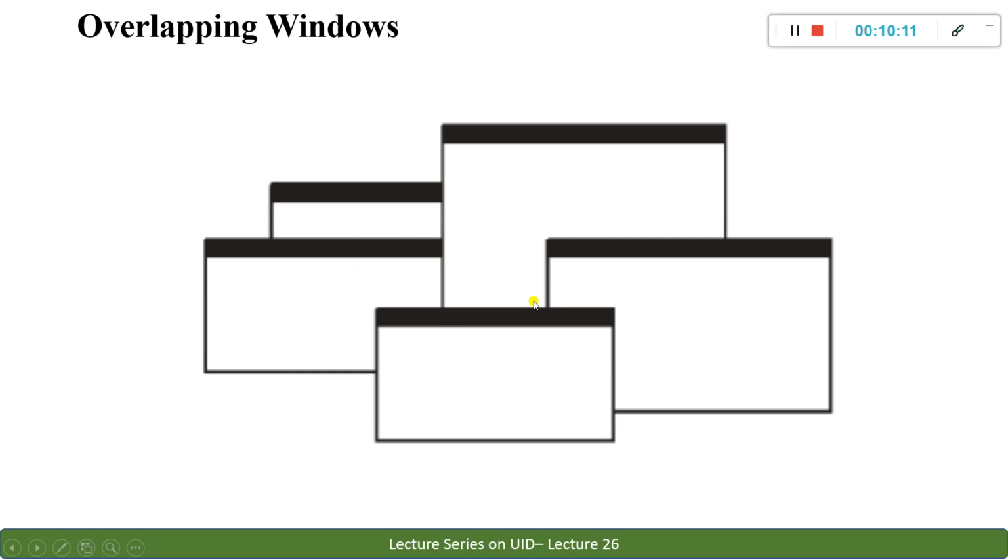One window, on that one more window, on that one more window. Here, this window is behind this window, that's why you call it overlapping. It looks something like a spread of papers on the desktop, on your table. Similar to that are overlapping windows.